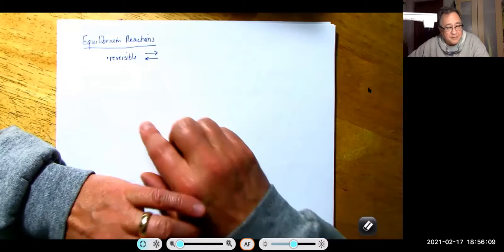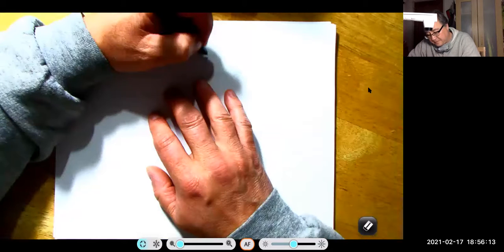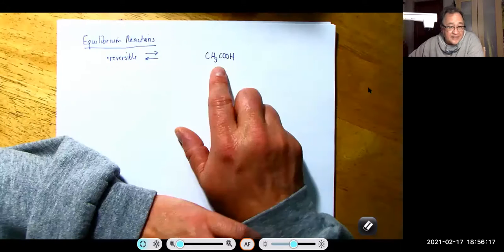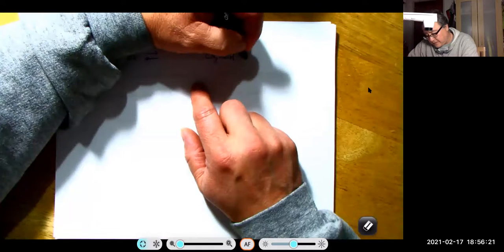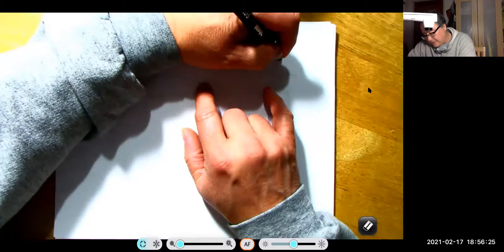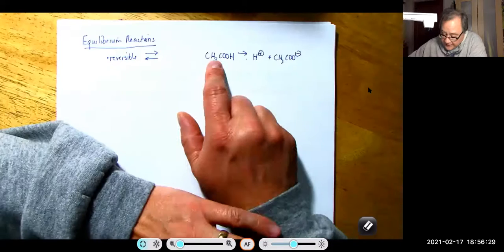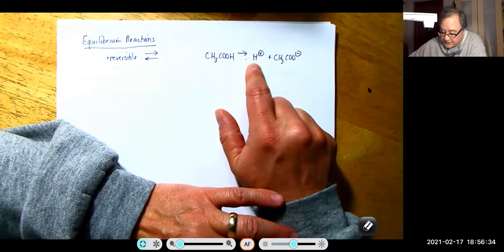I'm going to give you an example of a reversible reaction. This is called acetic acid. And because it is an acid, it can produce a proton, H plus.